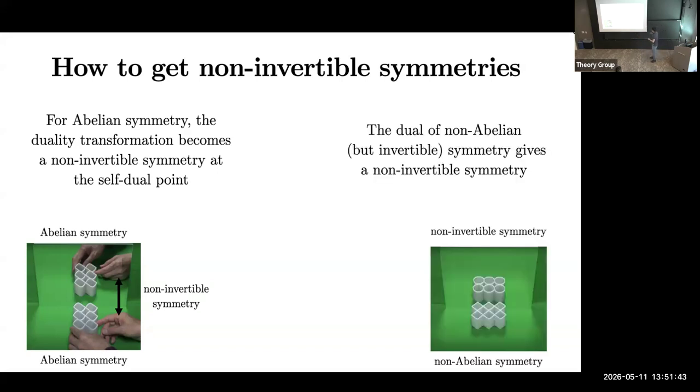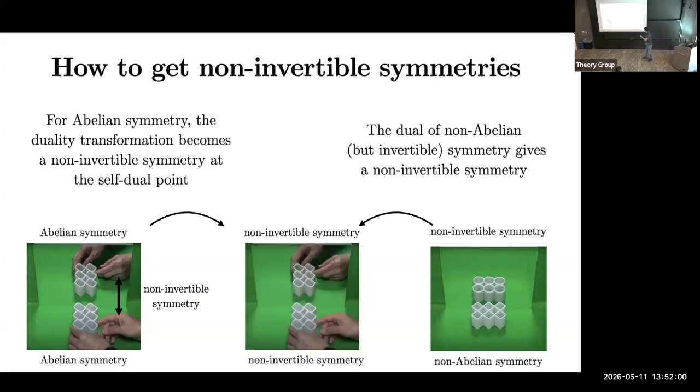On the other hand, for a non-abelian group, you start with some non-abelian symmetry, you do the duality transformation, you get a dual symmetry, and it doesn't look the same, so you don't get any extra symmetry. But what I'm going to try to do here, by going beyond groups, is combine these two together, so you can still have a non-invertible symmetry. When you do the duality, you get a dual non-invertible symmetry, and then this gets enlarged to an even bigger non-invertible symmetry.